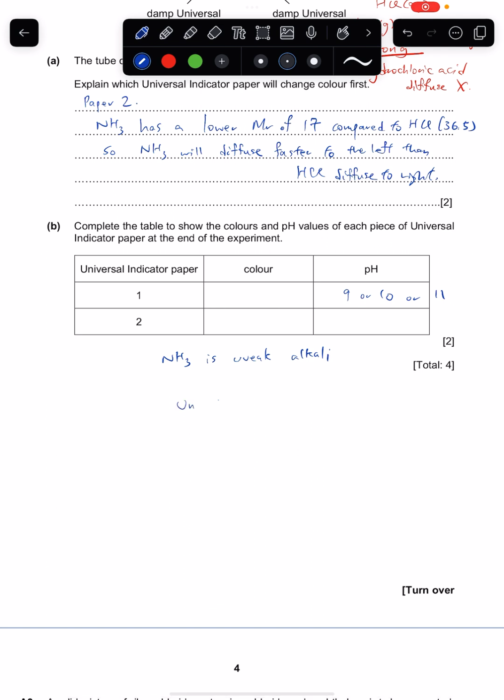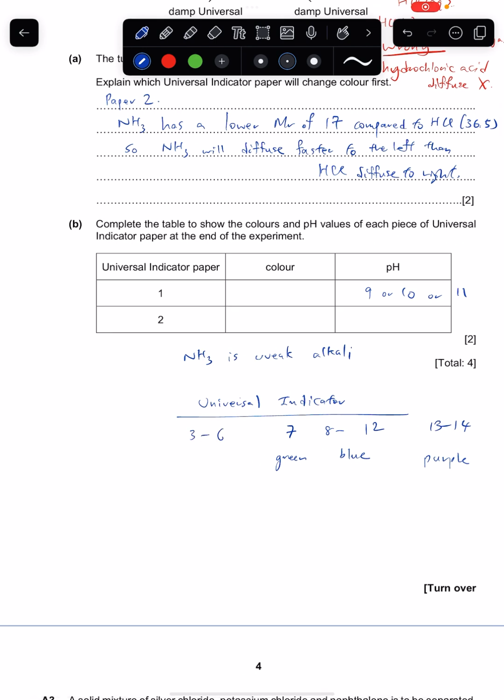Do you remember the color of universal indicator? You might not, so let's do a very quick revision. Universal indicator, pH 7 right in the middle, this is green. 8 to 12 is blue. Then the very alkali is purple. 3 to 6 is yellow.